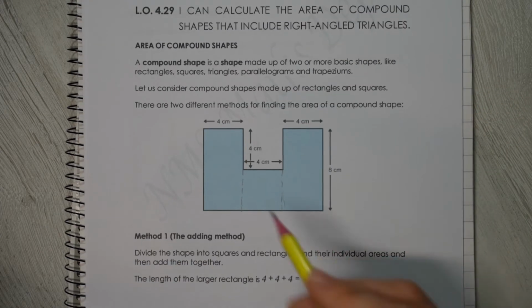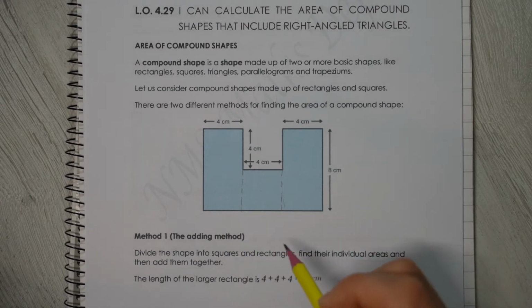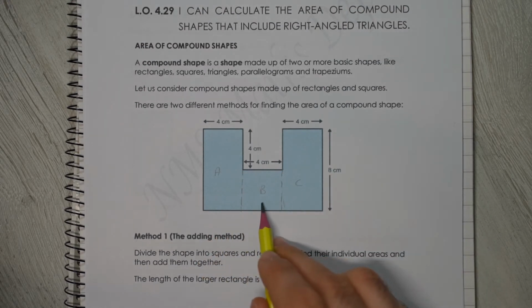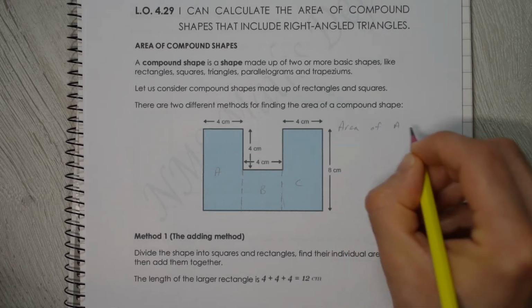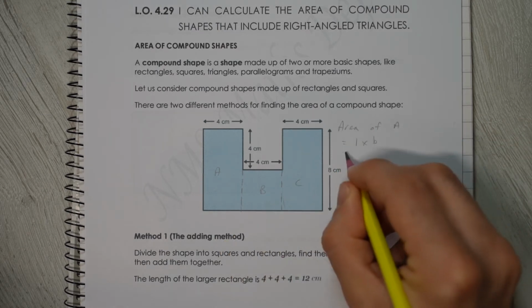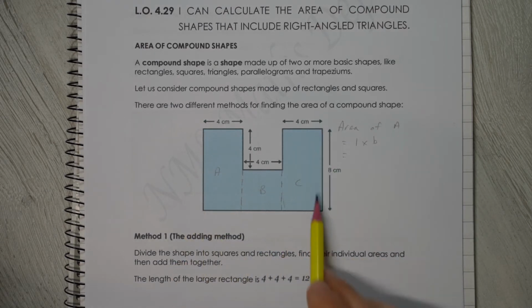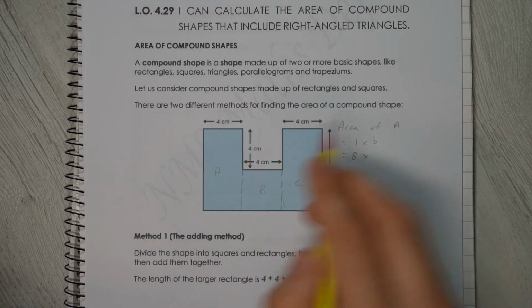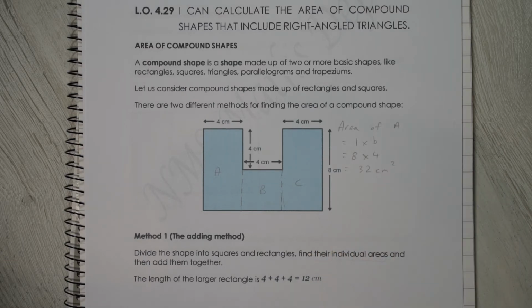Let me start off with this shape. So I'm going to name them A, B, and C. Okay, section A, section B, section C. So the area of A is equal to, it is a rectangle, so length times breadth, which is equal to, the length is the same as on this side, so 8 times the breadth, which is equal to 4, which is equal to 32 centimeters squared.